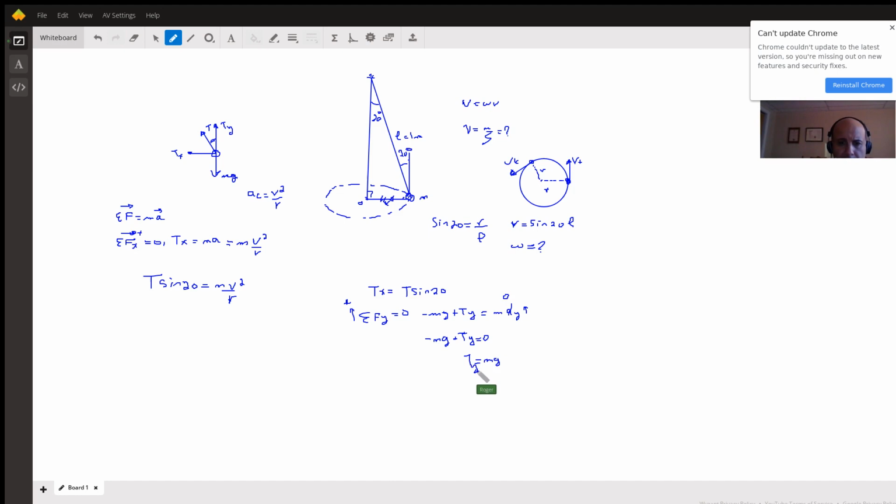But what is Ty? Well, Ty is nothing but T cosine the angle. So T cosine theta is equal to mg. Therefore, T alone is mg over cosine theta.